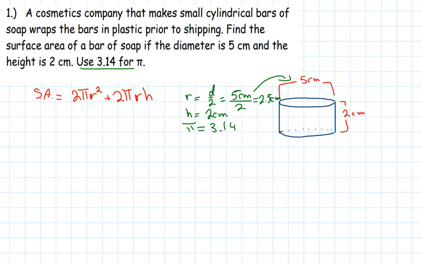So now we plug the numbers that we have into the formula, and remember, 2 pi r squared is the same as 2 times pi times r squared.